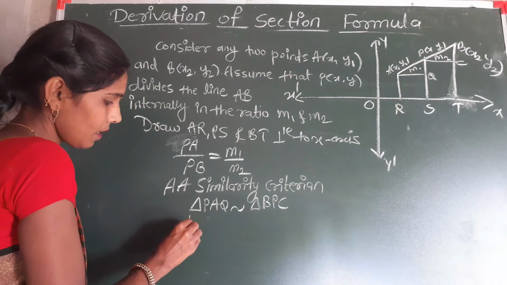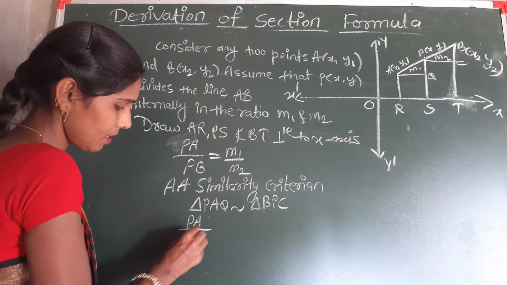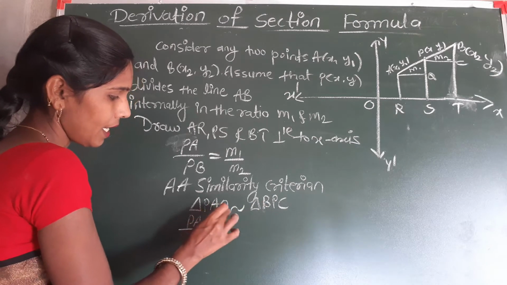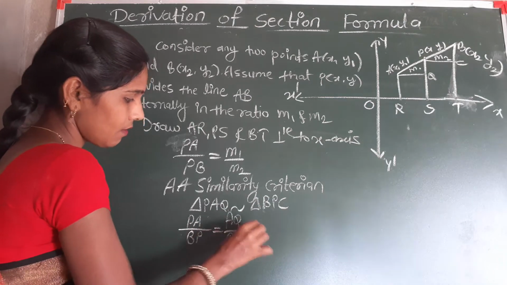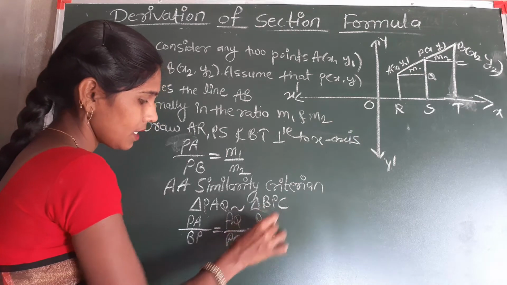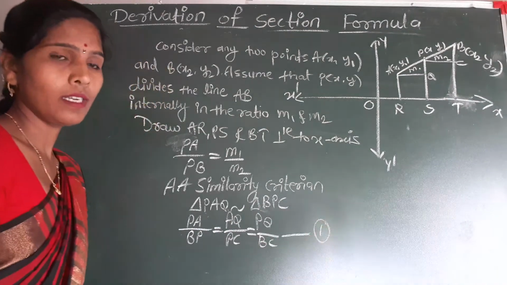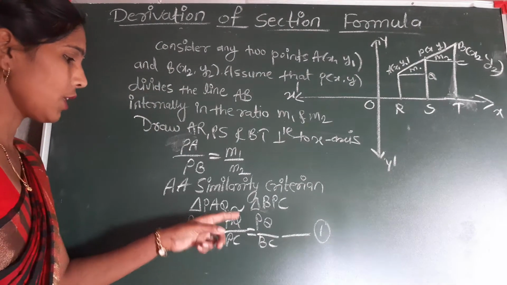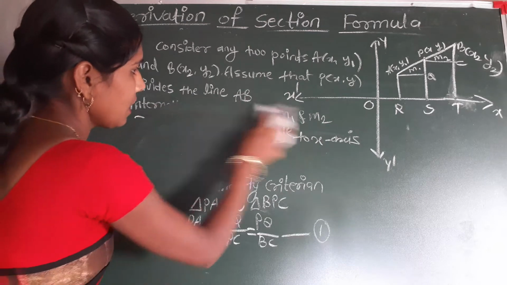Now PA divided by BP is equal to AQ divided by PC is equal to PQ divided by BC. I give this as equation 1. Now let's find out all the values AQ, PC, PQ and BC.